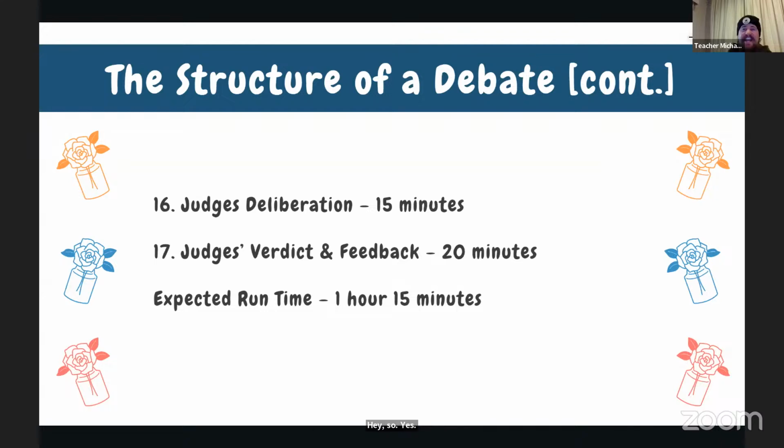So next week, we're going to be focusing on the different roles of the speakers during the debate. Each member of both teams should be aiming to contribute to their team's case in a debate. So for today, we're going to be focusing on the role of the moderator and the role of the judges.